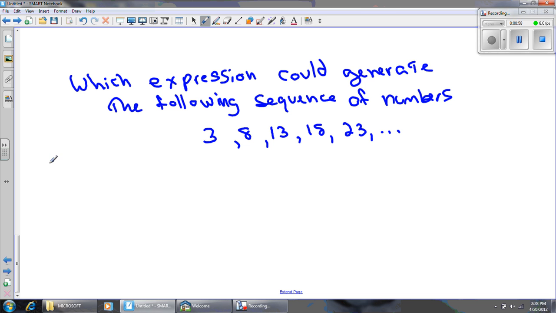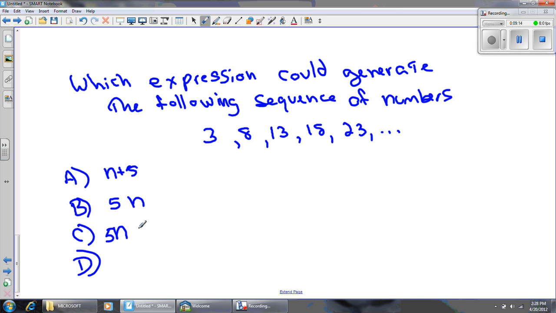Okay, and they'll have 4 choices. A lot of times these are multiple choice types questions. And the first choice will say n plus 5. The next one will say 5n. The next one will say 5n minus 2.